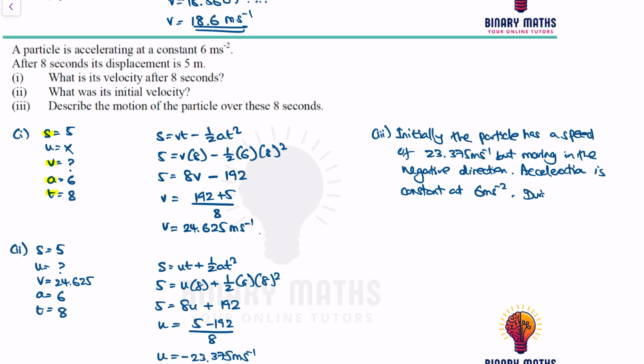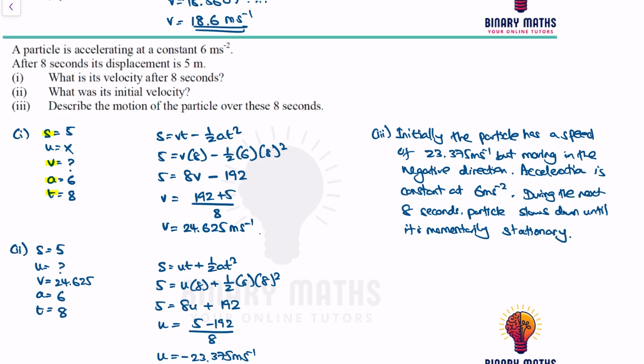During the next 8 seconds, the particle slows down until it is momentarily stationary. Because obviously the velocity has gone from negative initial velocity to positive final velocity, so there has to be a point where this particle is stationary.